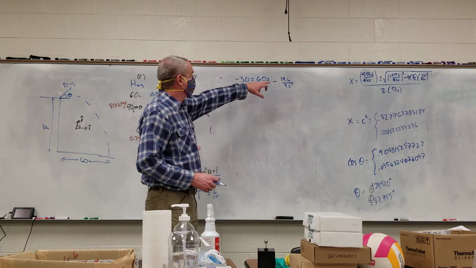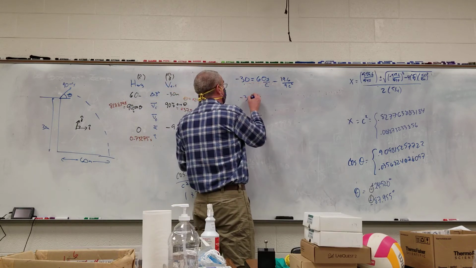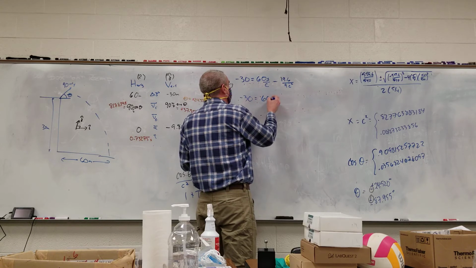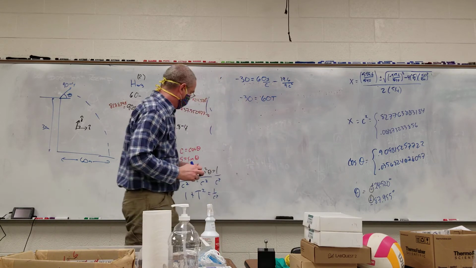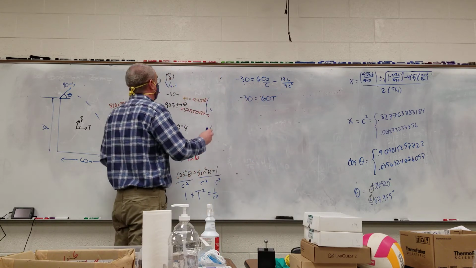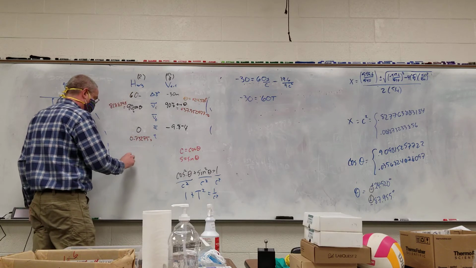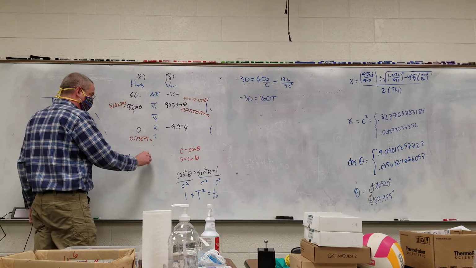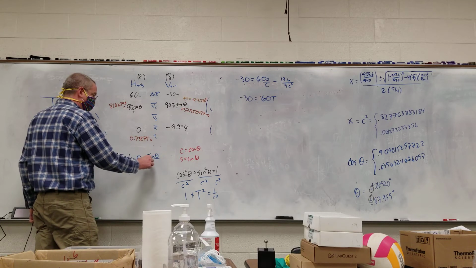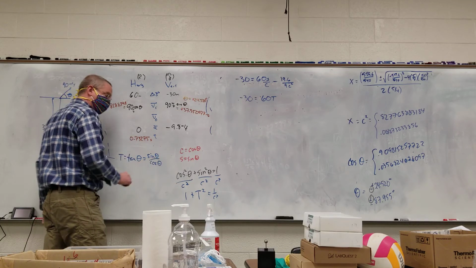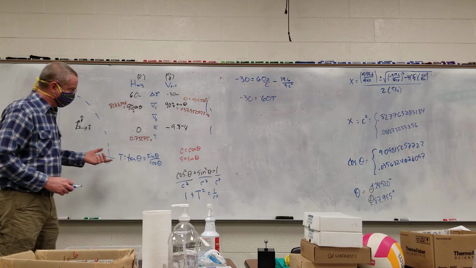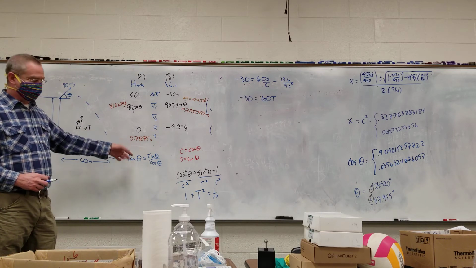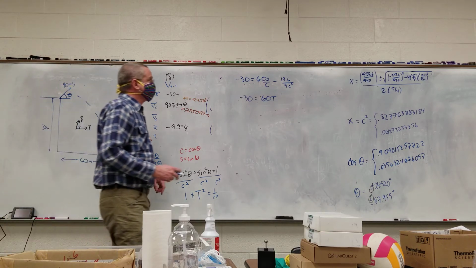So this right here becomes negative 30 is equal to 60 times the tangent. And just as a reminder, I'm letting capital T be the tangent of theta, which is the sine of an angle divided by the cosine of an angle. Check it out on the calculator if you're not familiar with this, but I also did in class to show that this is true.